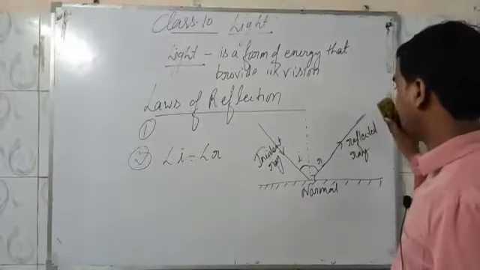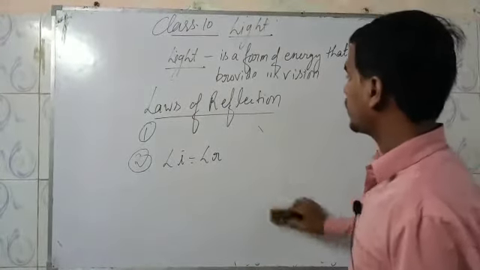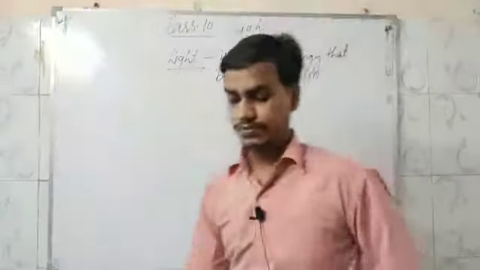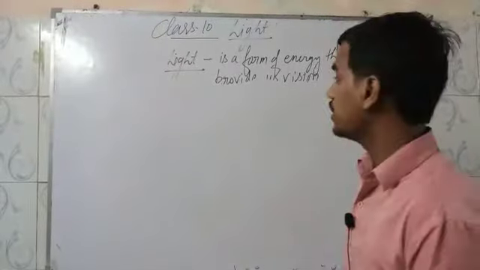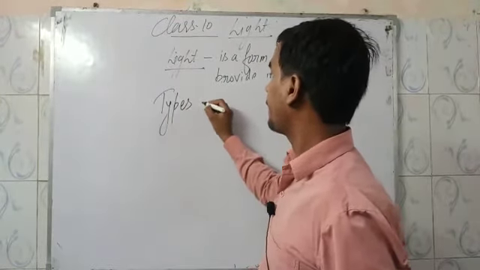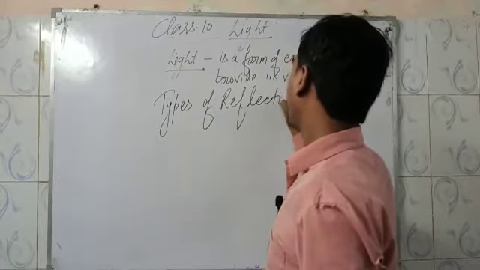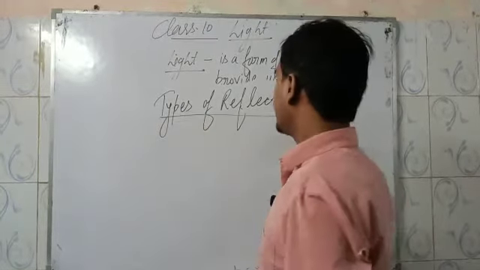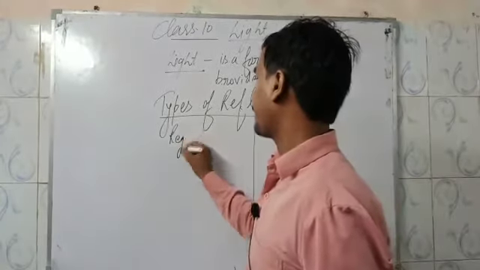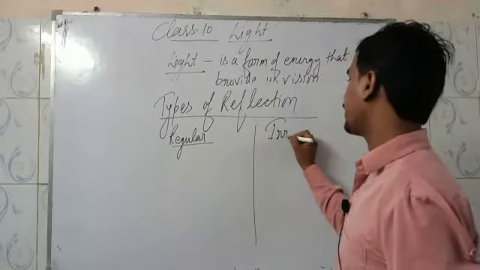Okay, now let's continue with the types of reflection. We have two types of reflection. First one is regular and second one is irregular.